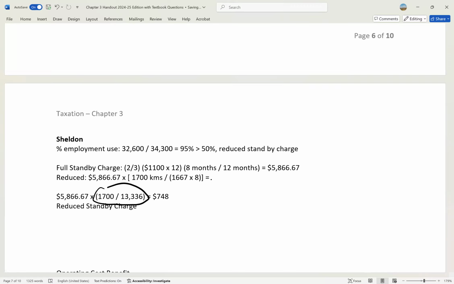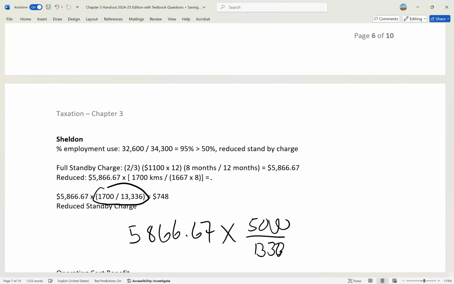So if you drove it, let's say 5,000 kilometers personal use, there is going to be a larger taxable benefit. 5,866.67 times 5,000 divided by 13,336.